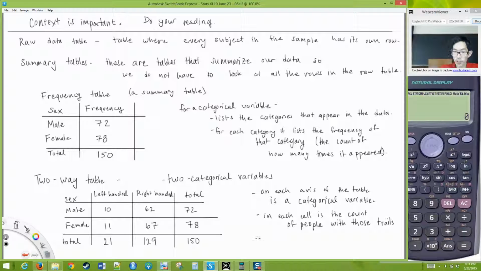Okay, the margins have the totals. Good?